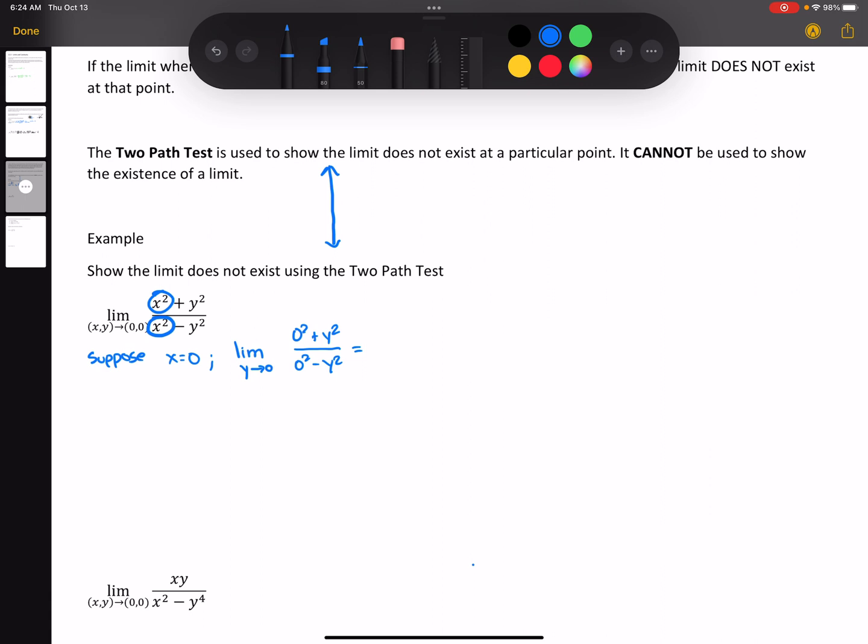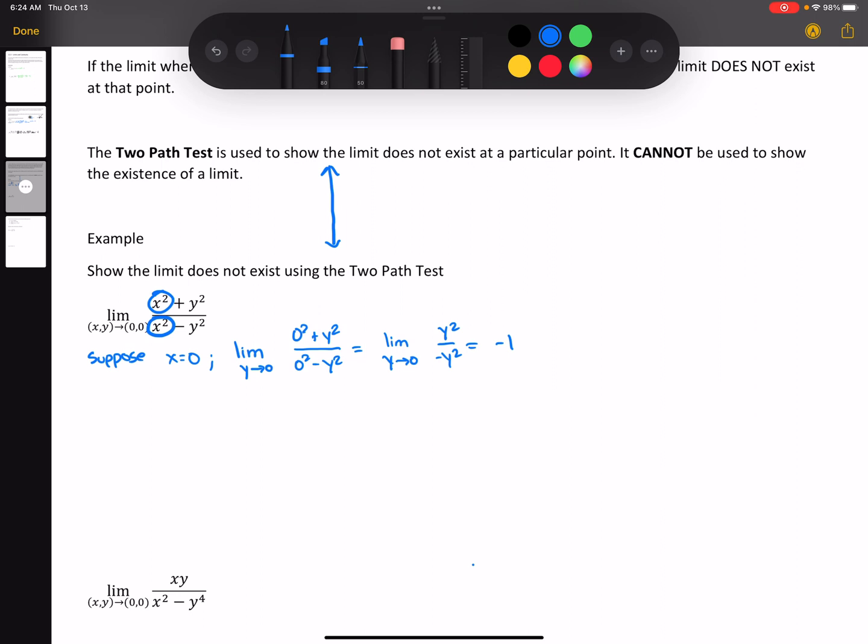That's just the limit as y approaches 0 of y squared over negative y squared, which we know to be -1. So if we approach the point 0, 0 for this function along the y-axis, we get -1.